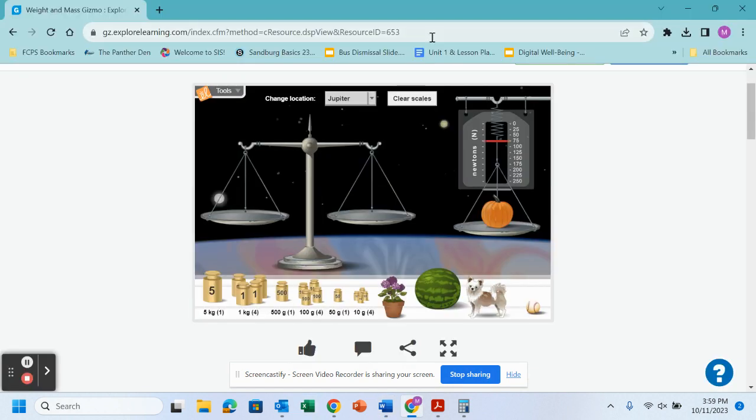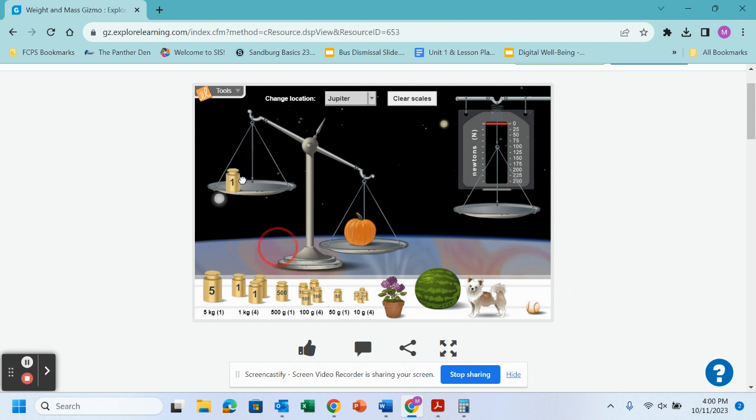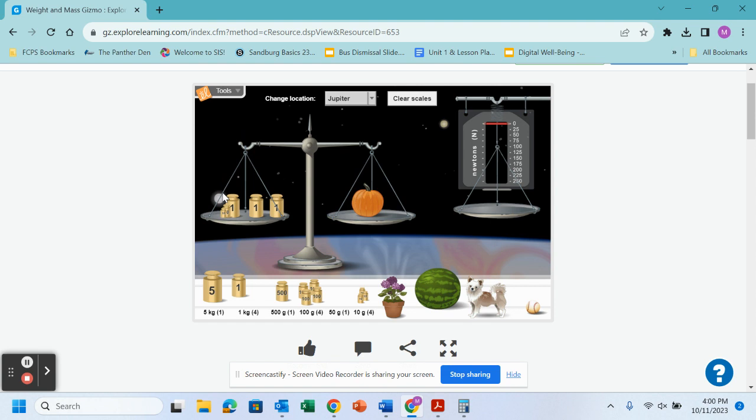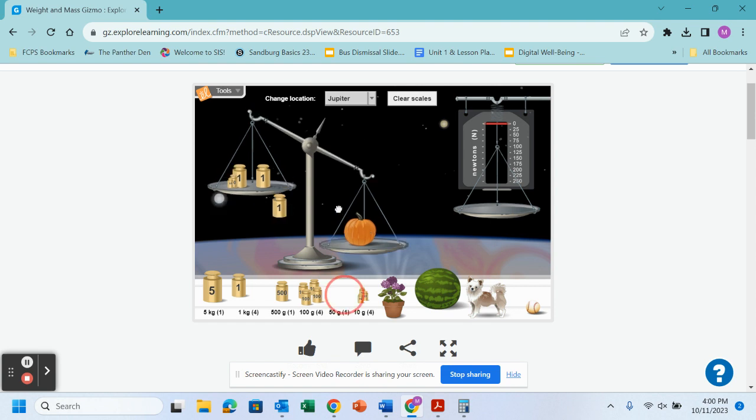So we're going to go back, clear scales, okay? So we're going to weigh the pumpkin. So 3,000, 3,050, 3,060, okay? And then what does it say? It says to put the weights on the spring scale, and then we're going to measure the newtons.